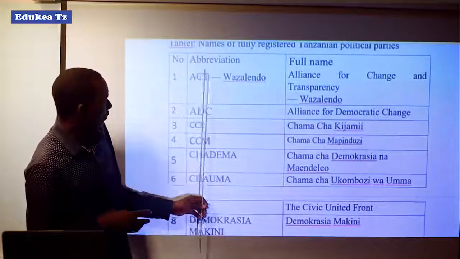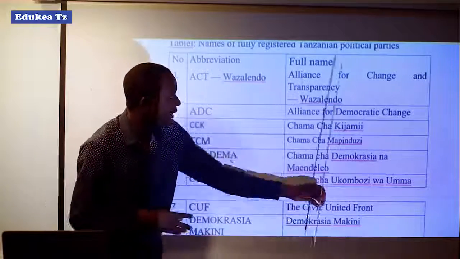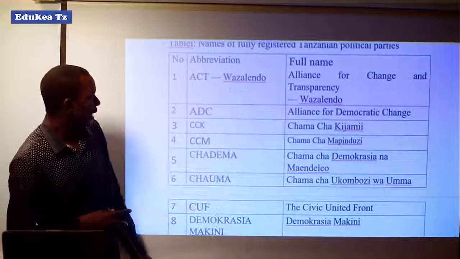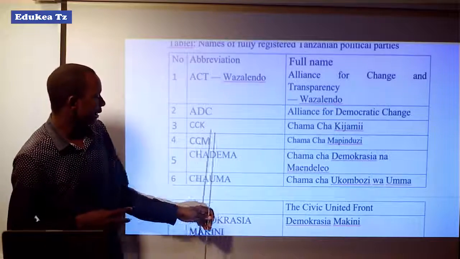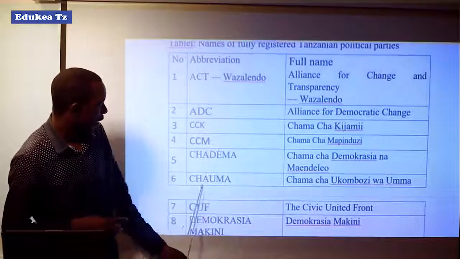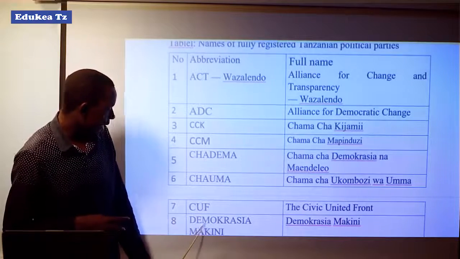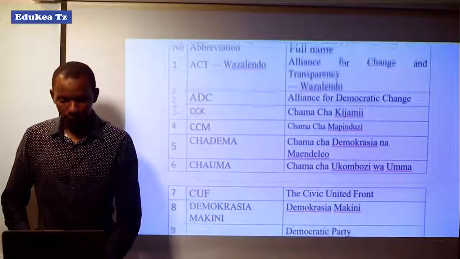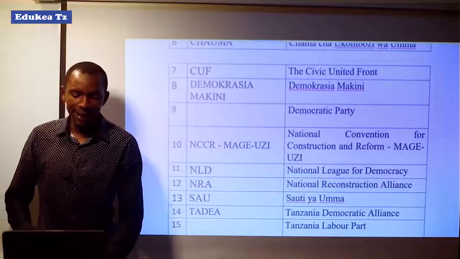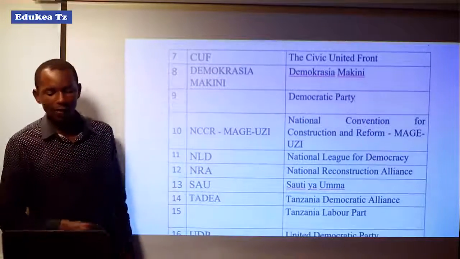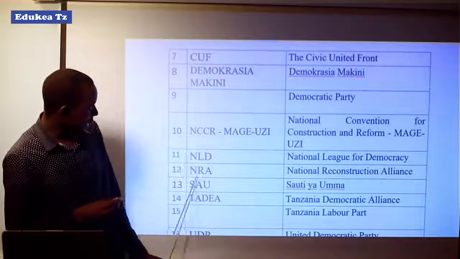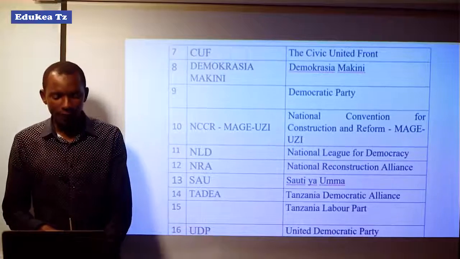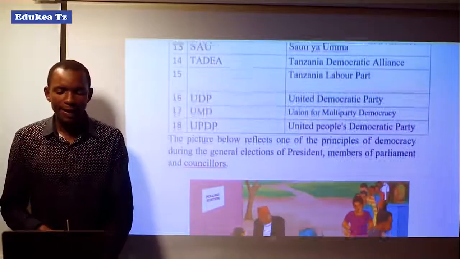These are the abbreviations and these are their full names. There is ACT Wazalendo, ADC, CCK, CCM, Chadema, Chauma, CUF, Demokrasia Makini, NCCR Mageuzi, LOD, NRA, SAU, TADEA, UDP, UMD.